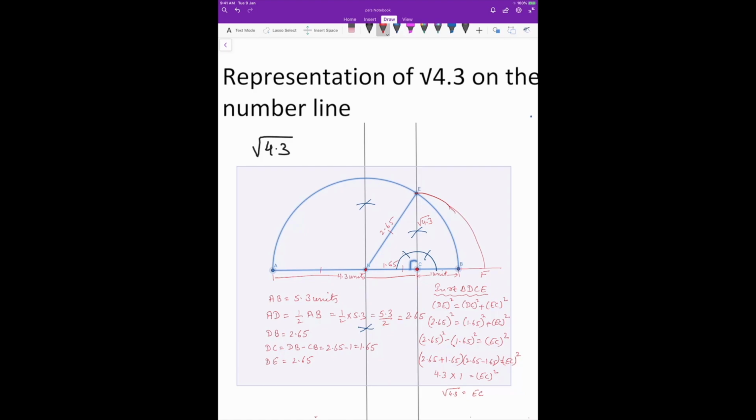We have just found CE to be root 4.3, so CF will also represent root 4.3. So if I consider C as the origin, point O, then point F will represent root 4.3 on the number line, or otherwise you can say CF is equal to root 4.3 on the number line.